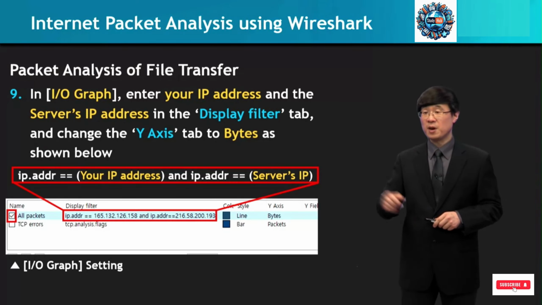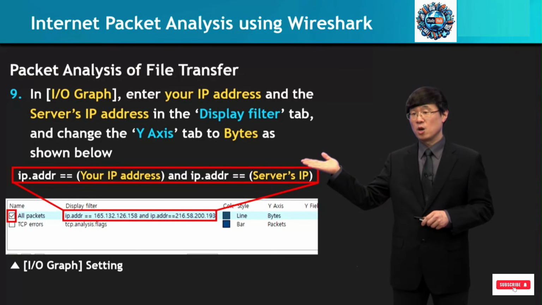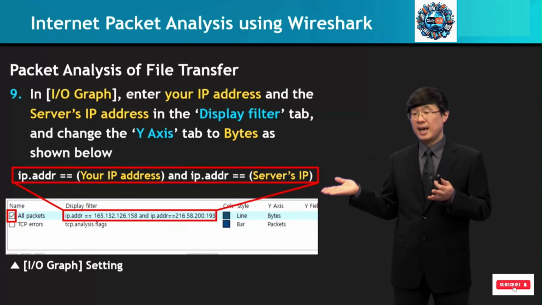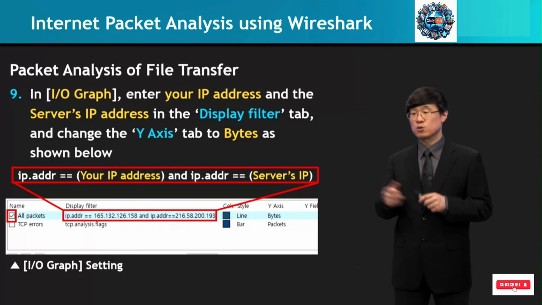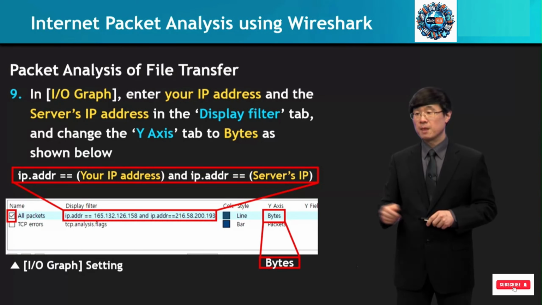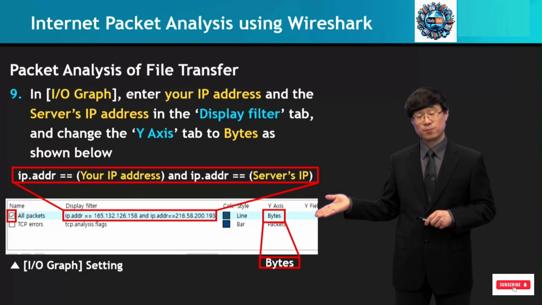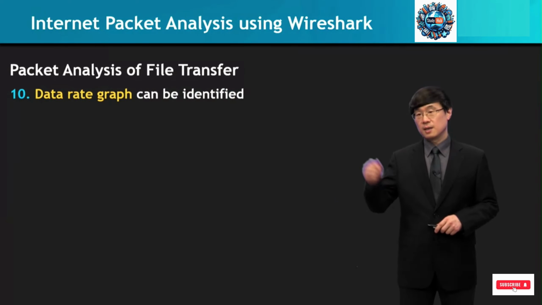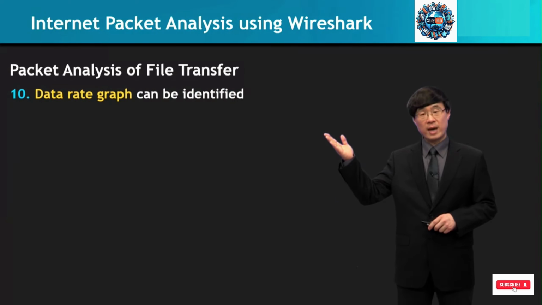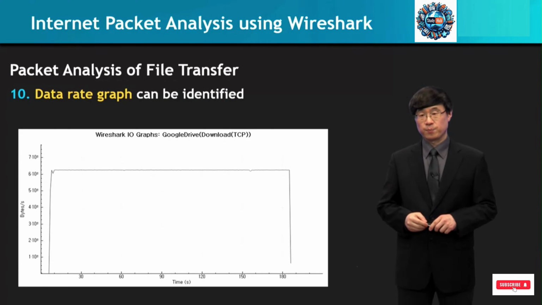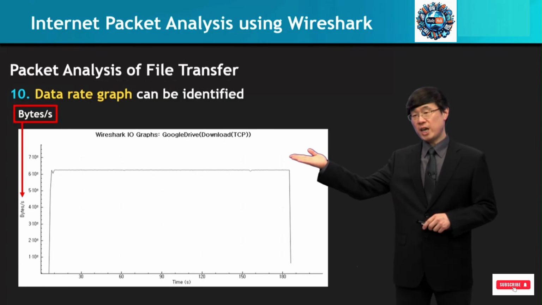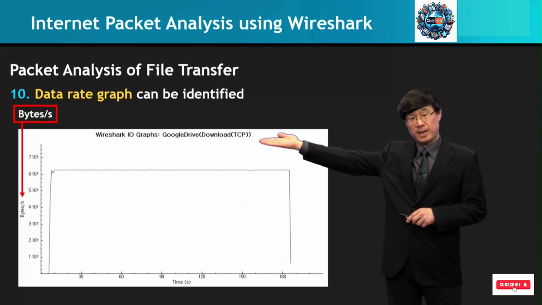What I mean is, first, this is this part right here, where you put the server's IP address right here. In addition, you change this part to bytes, which is the y-axis. And now we can check the data rate graph, which looks like this. Because you changed the y-axis option to bytes, now you can see that it's in bytes per second.